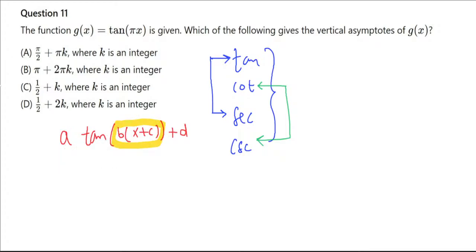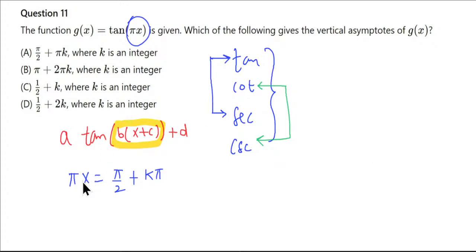So this thing should be equal to, in our case, pi x. So pi x should be equal to pi over 2 plus k pi, right? This is the condition for the vertical asymptote for the tan functions. And of course, this condition is also for the secant functions as well.